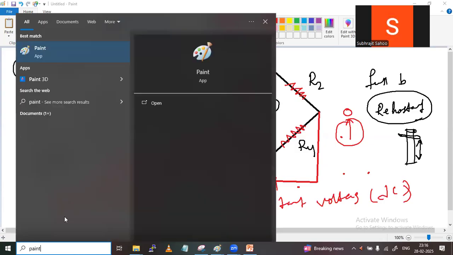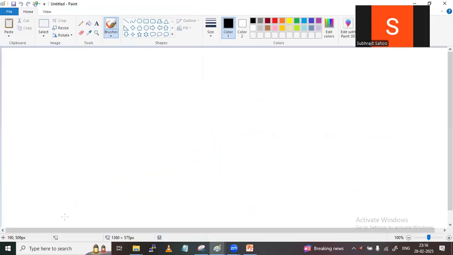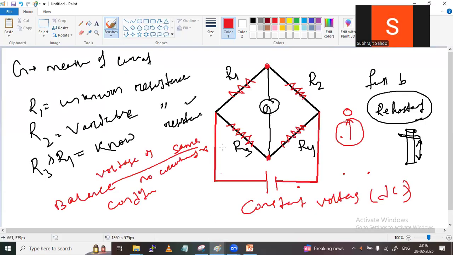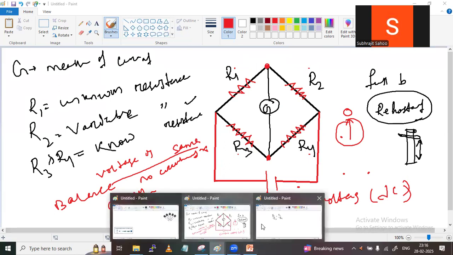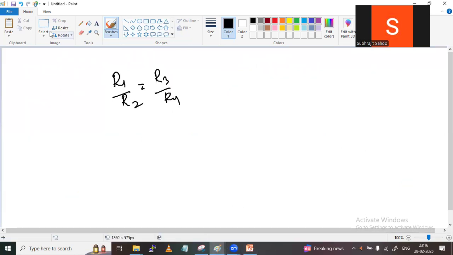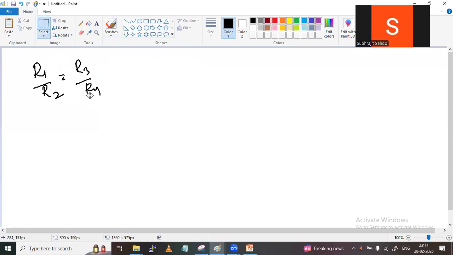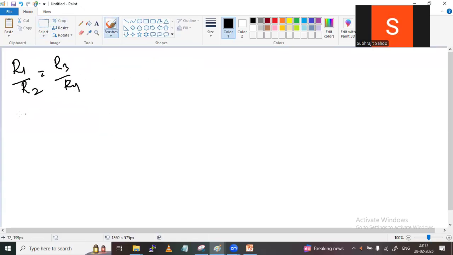When it is in balance condition, let us derive some equations. If it is in balanced condition, can I write R1 by R2 equal to R3 by R4, right? Those resistance pairs are connected in series. R1 by R2 equal to R3 by R4, that means these two resistances on this end and these two resistances on that end. If I simplify this, what is the R1 value?